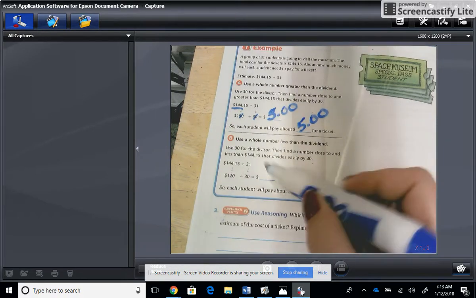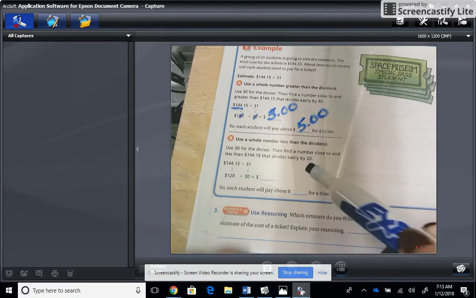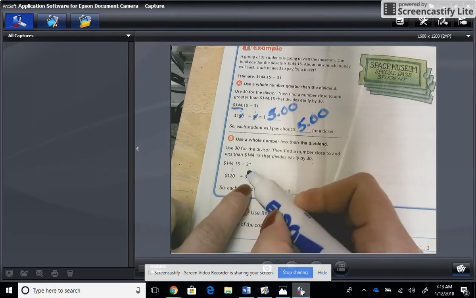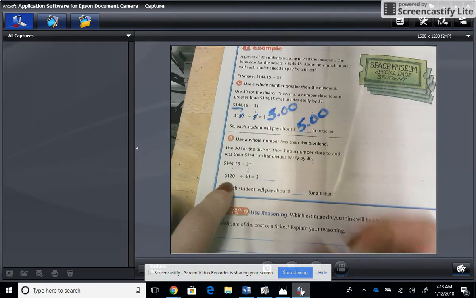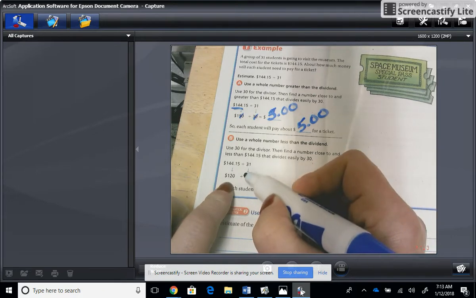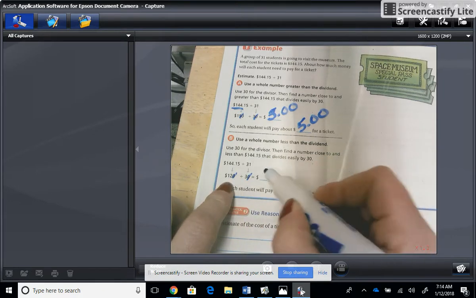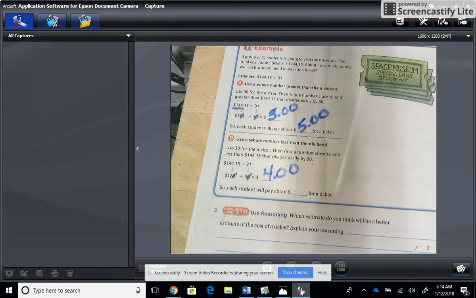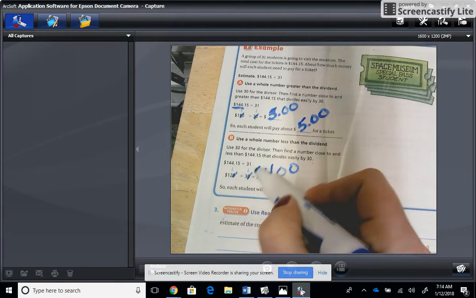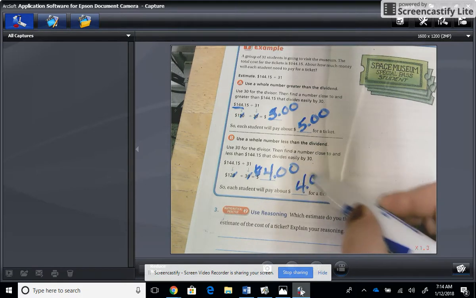So down here, they did the same thing, but they went to 30 and they went lower. So they went to $120. We're going to do the same thing. We're going to cross out those zeros. I know it's 4, and then I'm going to put those hundredths back in. And so they paid $4.